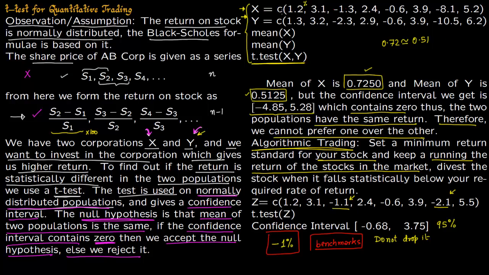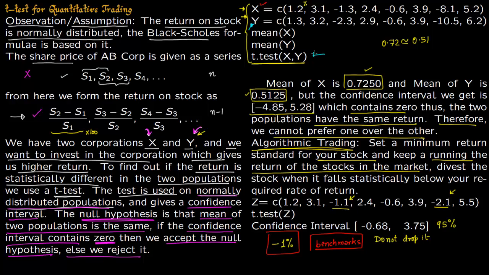Say stock X is your benchmark, and you compare X with other stocks you want to invest in. So this is the stock you want to invest in, Y, and this stock X is your benchmark. You compare X with Y, or Y with X. It doesn't matter whether you write t-test Y comma X or t-test X comma Y.